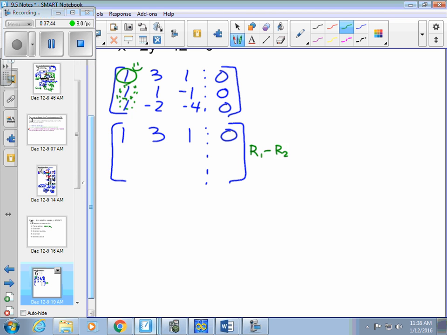So as I do it, I go 1 minus 1 is 0. 3 minus 1 is 2. 1 minus negative 1, be careful, gets me a 2. 0 minus 0 is 0. The third line, I'm going to get this one to be a 0. In a similar way, I'm going to use the top equation, row 1 minus row 3.